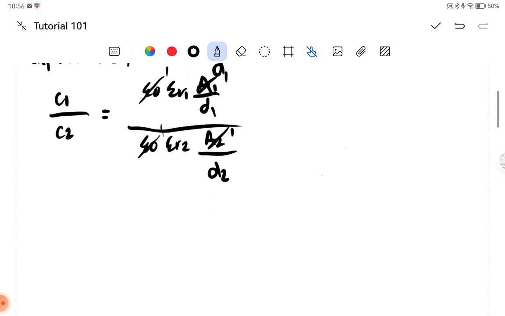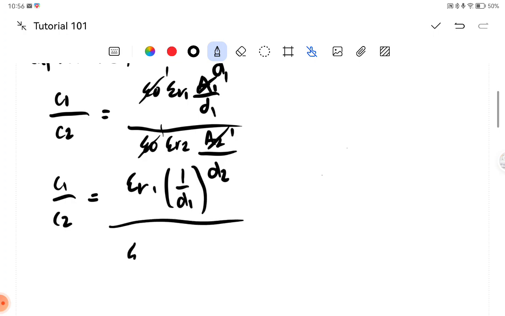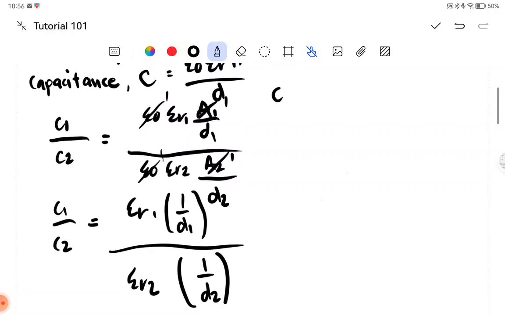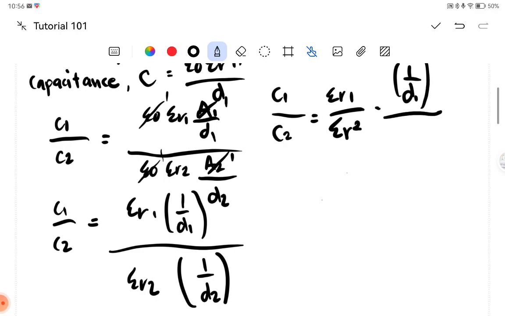So therefore we have here C1 over C2 is equivalent to ER1 multiplied by 1 over D1 all over ER2 multiplied by 1 over D2. Okay, so by simplifying, we will be having C1 over C2 is equivalent to ER1 over ER2 multiplied by 1 over D1 over 1 over D2.